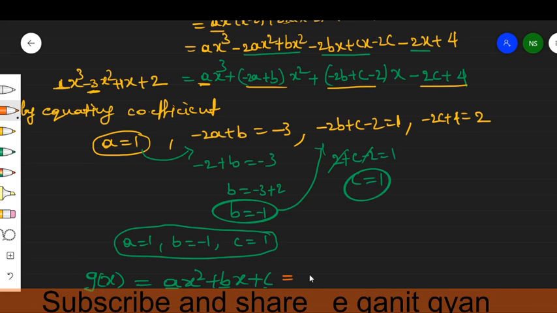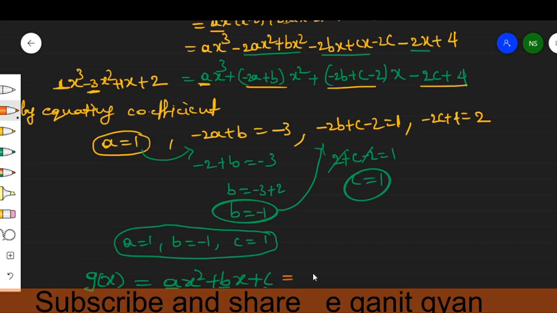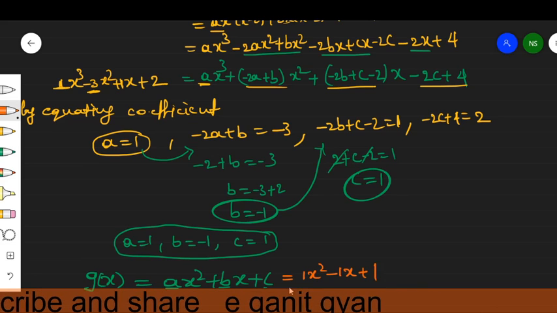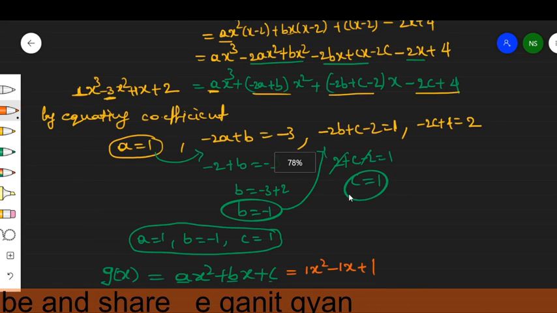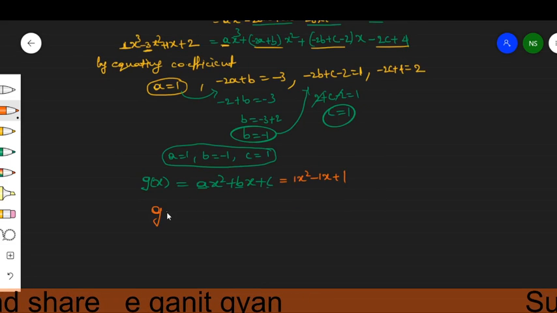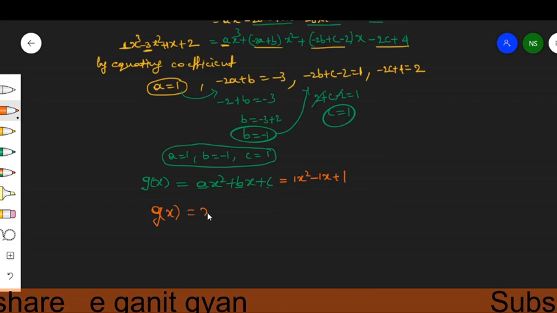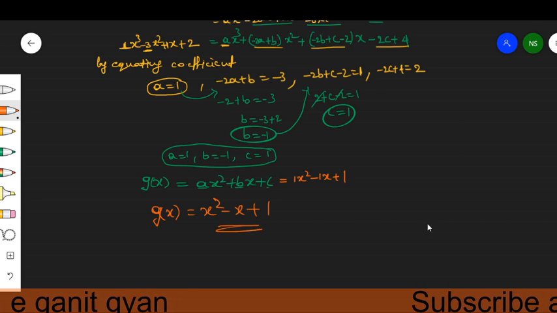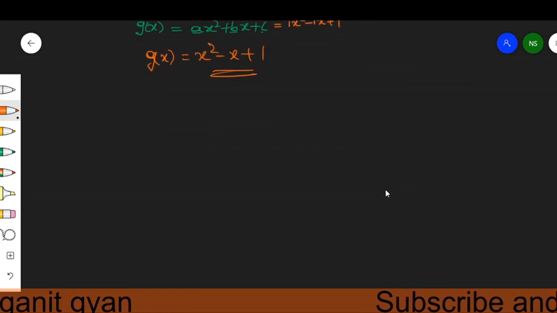What are the 3 values? 1x square minus 1x plus 1. So what is the required g of x? g of x is equal to x square minus x plus 1. Like that we will find out the solution.